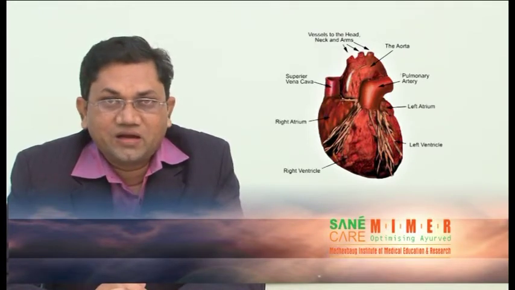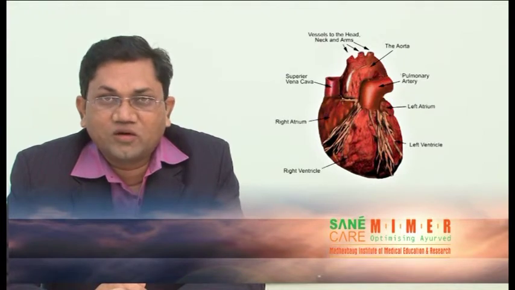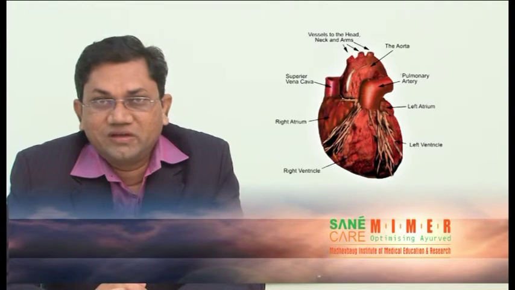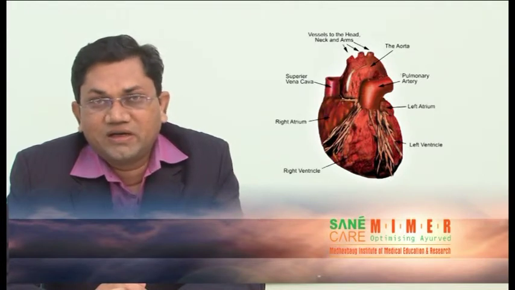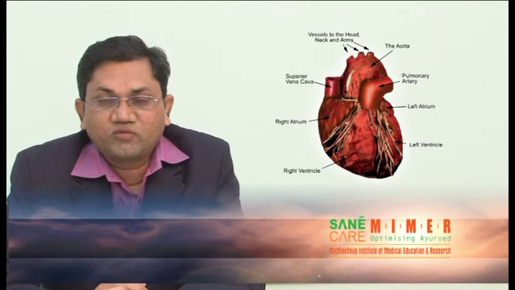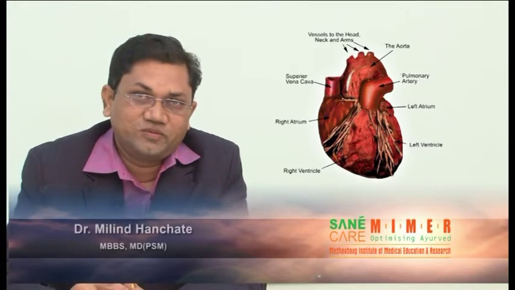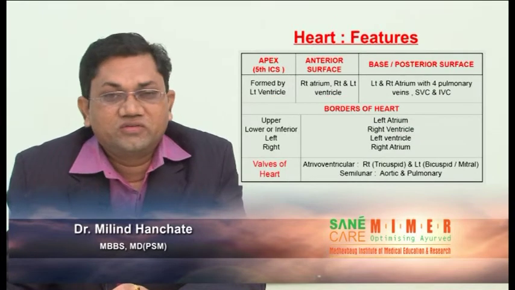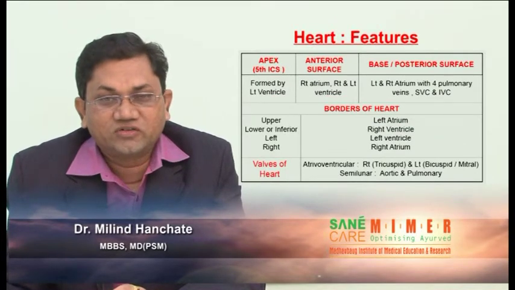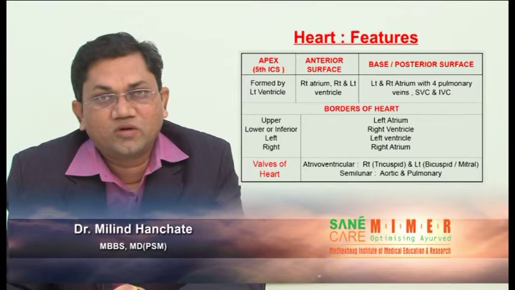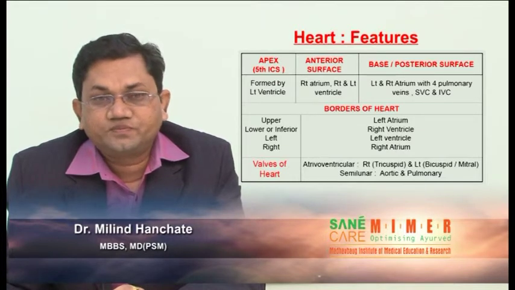And there is another group of valves called the semilunar valves, which we see in the aortic and pulmonary trunk. So this is about some external features of the heart related to the border and surface.